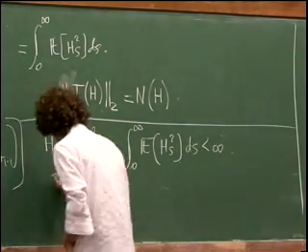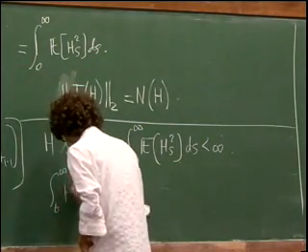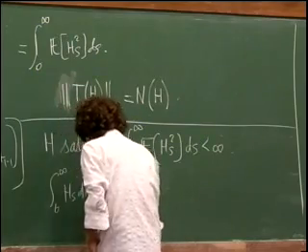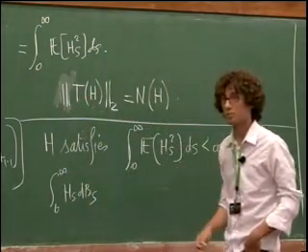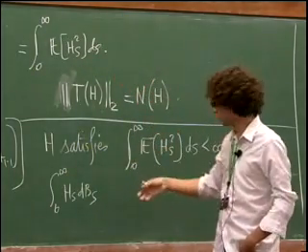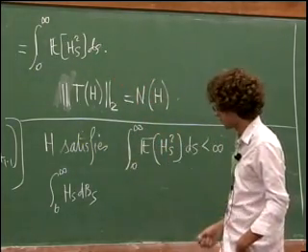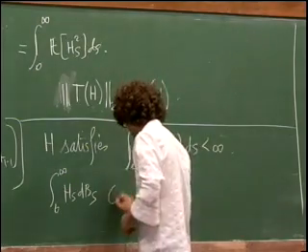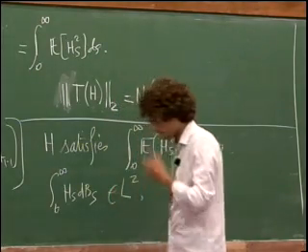I have defined this, which is a random variable. And I know that its norm 2 is equal to this. Okay.